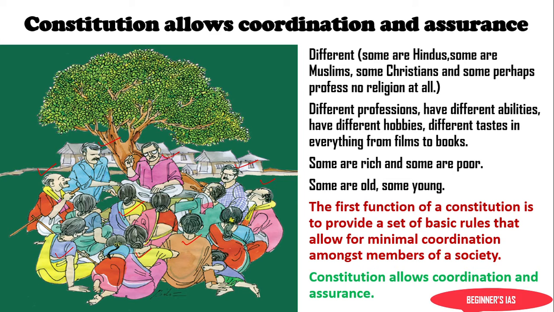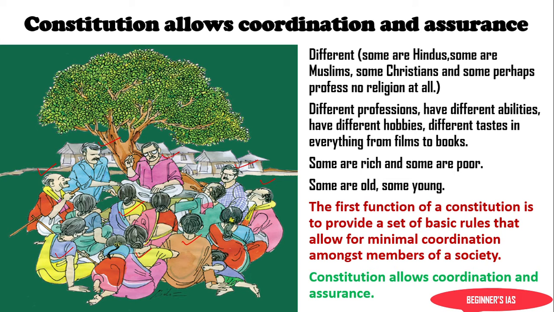Otherwise the citizens have no assurance that others will follow the rules. Rules that are legally enforceable give an assurance to everybody that others will follow them, for if they do not, they will be punished.